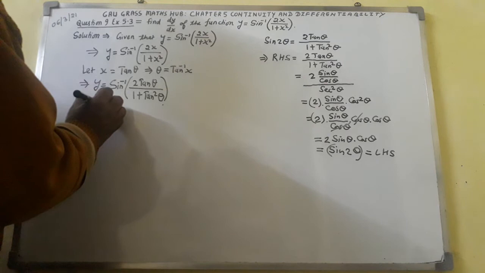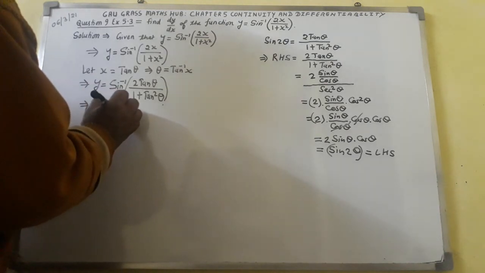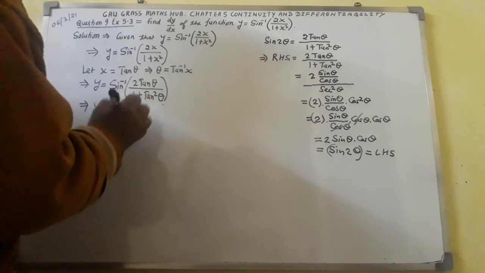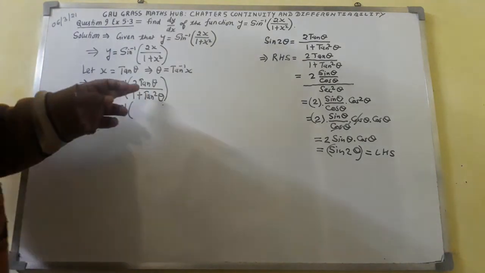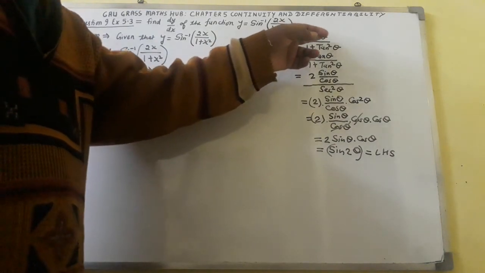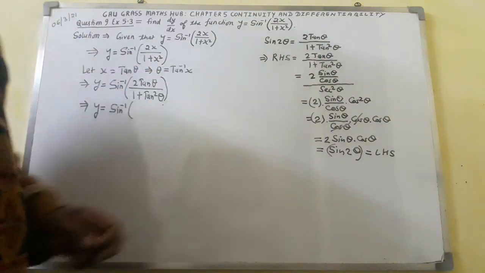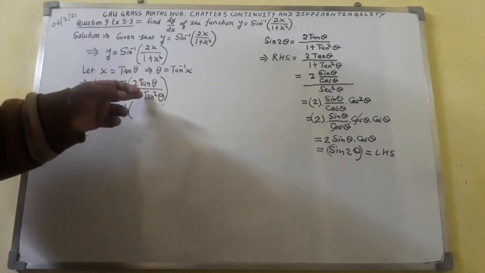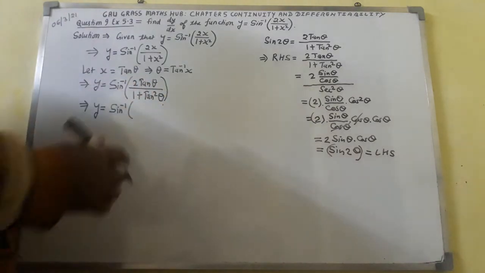Again implies that y is equal to sin inverse in bracket. Use the formula sin 2 theta is equal to 2 tan theta over 1 plus tan square theta. So in place of 2 tan theta over 1 plus tan square theta, I can write sin 2 theta.